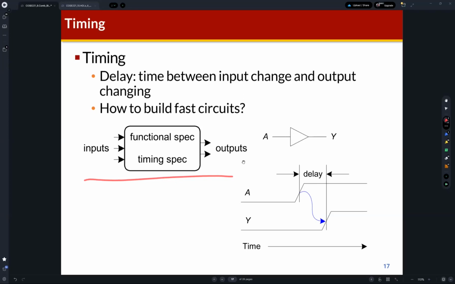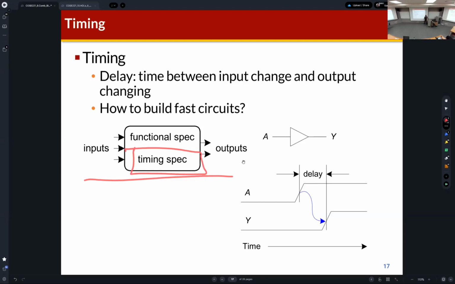Until now, we learned about these three components: inputs are defined, outputs are defined, and the functional specification, that is the Boolean equation defined by input and output values. Only this component is missing, the timing specification.